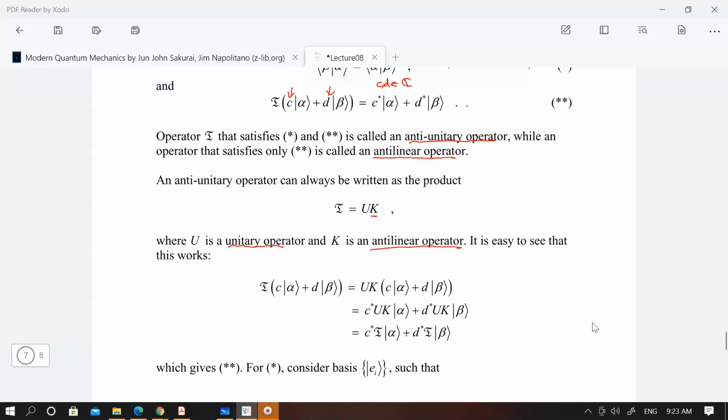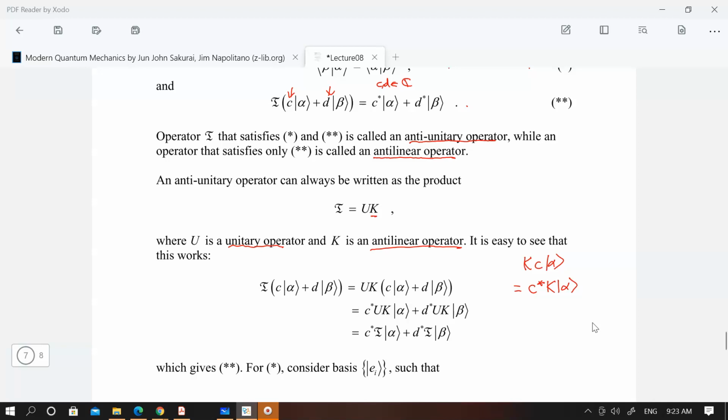So K acting on C alpha is equal to C star K alpha, and this one is left undetermined.